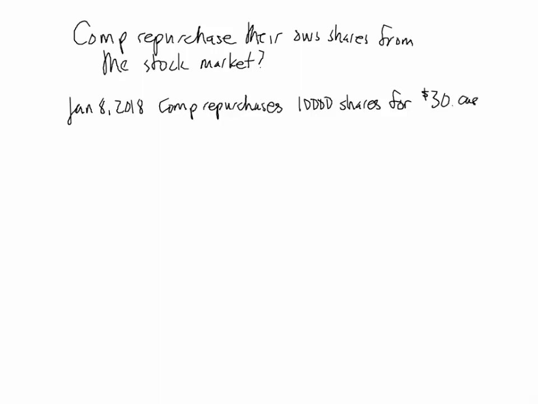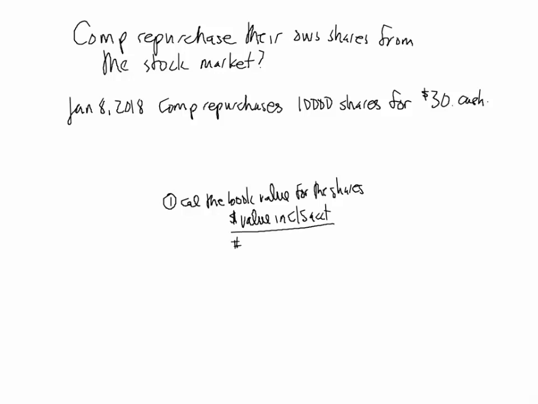$30 cash, because they have to give their shareholders cash, otherwise the shareholders won't give up the shares. So how do we account for the repurchase of shares? Well, we first have to calculate the book value for the shares. How do you calculate the book value? You take the dollar value in the common share account and divide it by the number of shares outstanding.